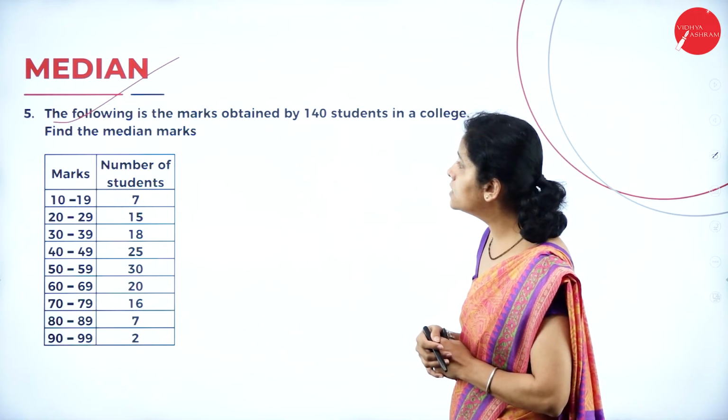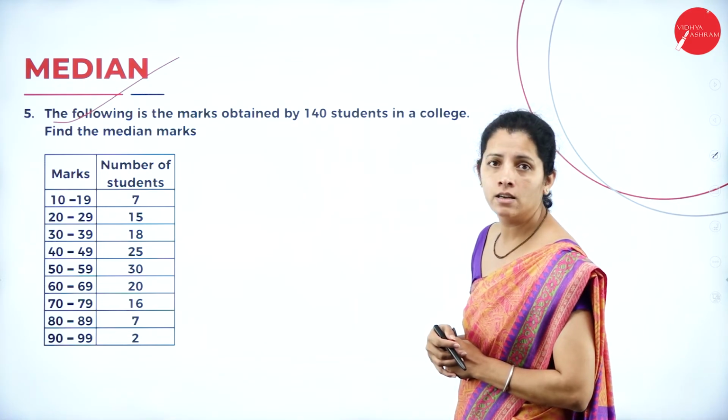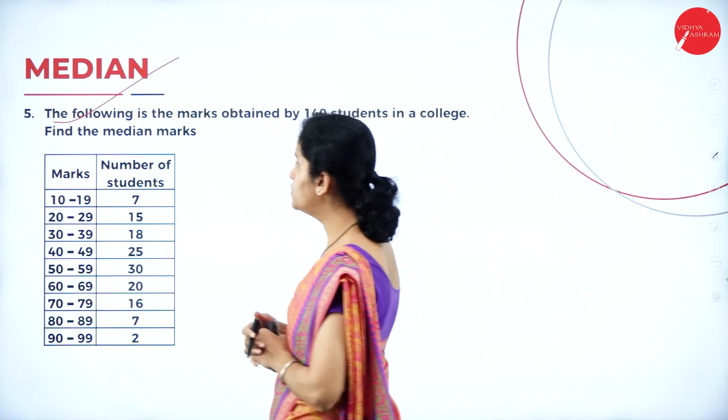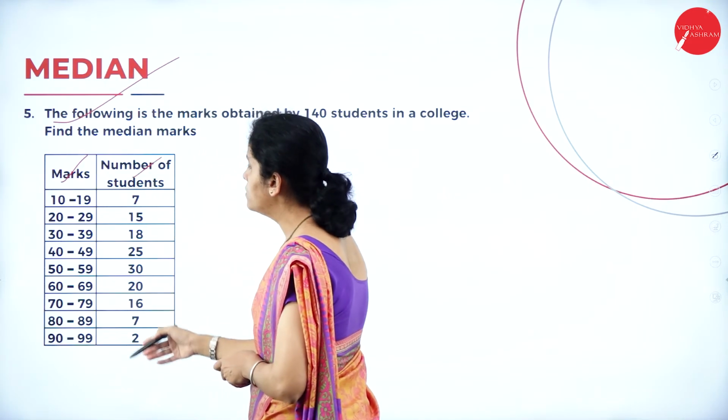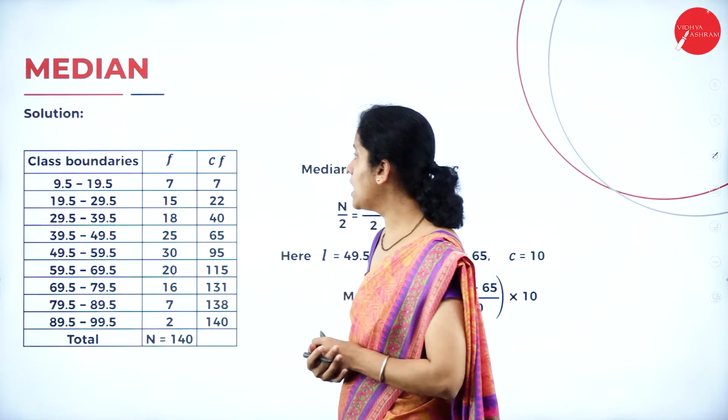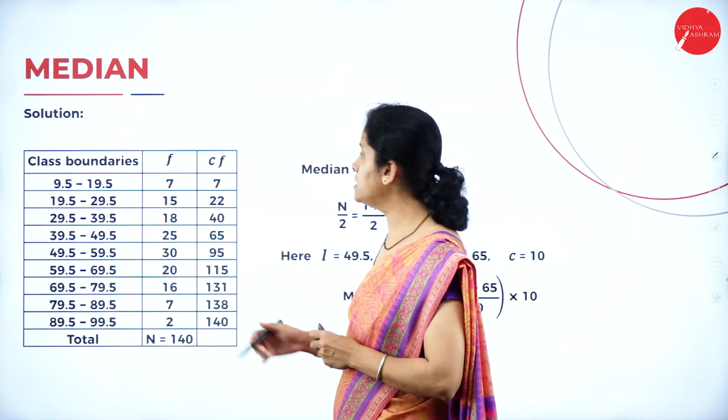And I'm going to have another question, that is, the following is the marks obtained by 140 students in a college. Find the median marks. So dear student, I have marks, number of student. Okay, so this is the data. From this data, I want to find the cumulative frequency.